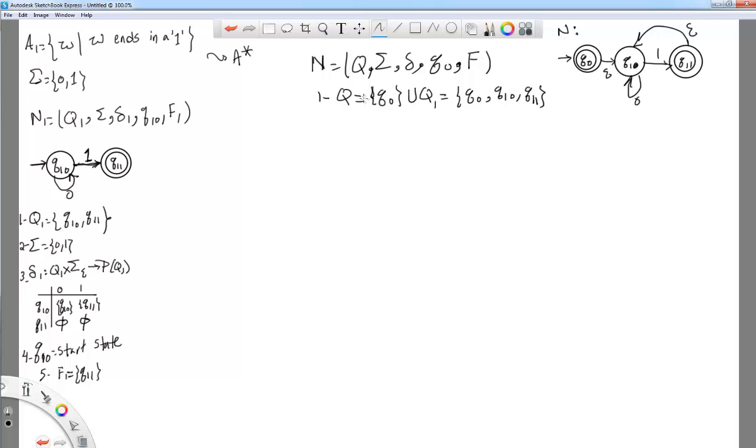So formally, Q is that set, and sigma is still the original sigma, 0 and 1.